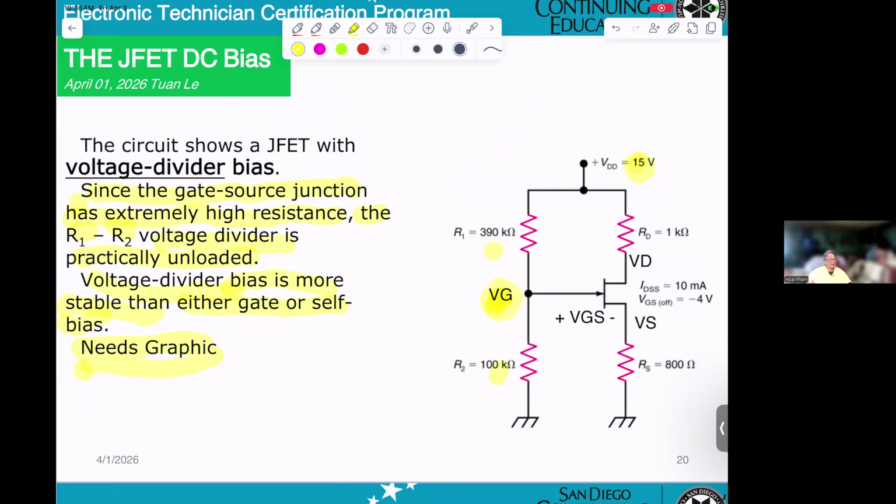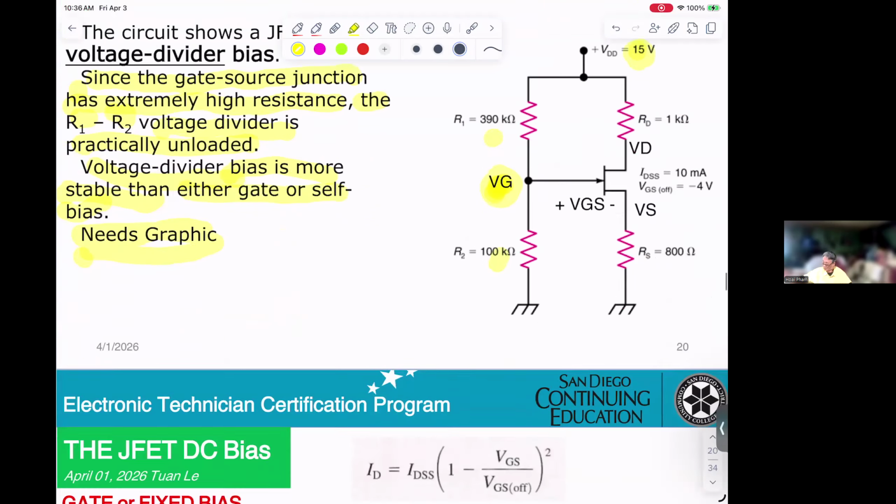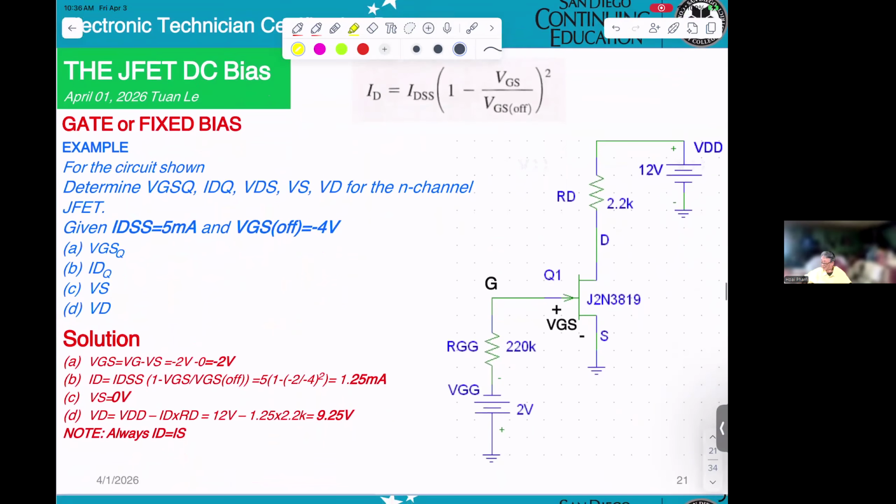If you buy the textbook, normally they're not using graphs at all. Now see what happened. Gate or fixed bias example. For the circuit, they want VGSQ, IDQ, VD, VS.